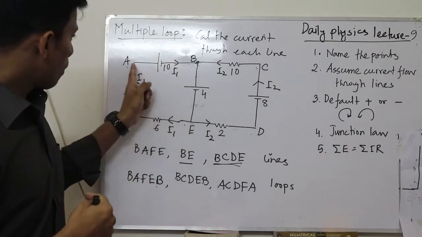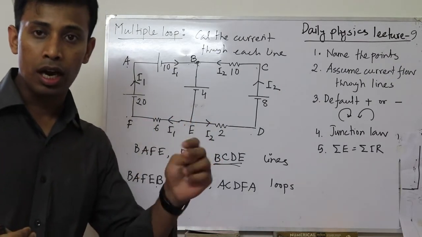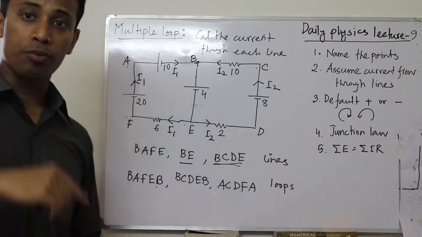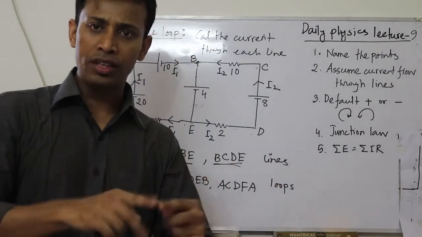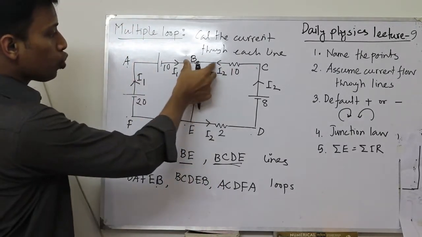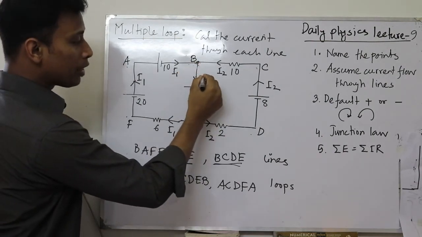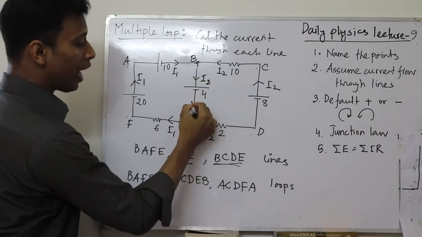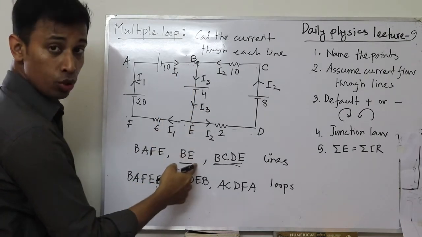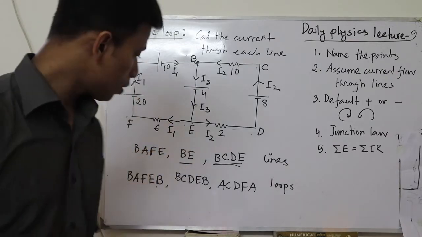As we know from the junction law, all cannot move in. Some will move in, some will move out. As these two are moving inward and we have one line left, the current through this line should be outward. Let's assume it's I3. So the current flow through B to E is I3. So we have assumed three current flows, and it's okay.